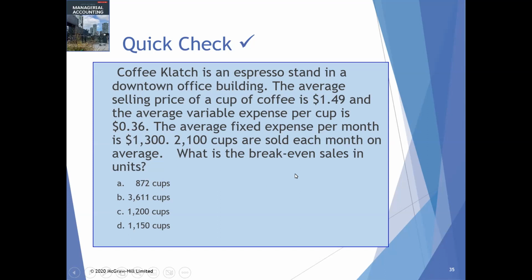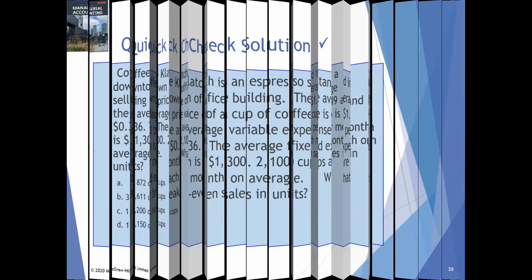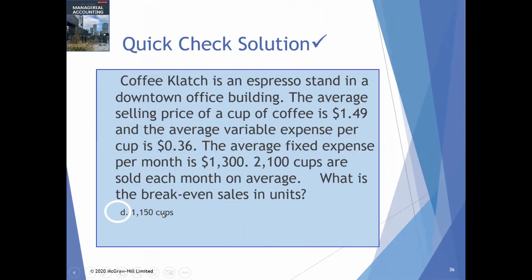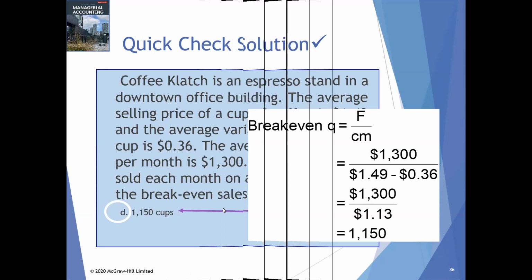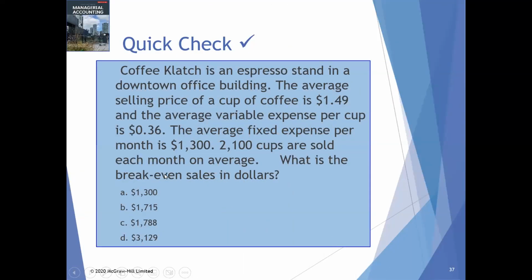I think we already completed this in the last video. That was the 1,150 cups that we sold, right? How to calculate this one? The fixed expenses divided by contribution margin. So that will be 1,150. This we have already done. Now the next question is asking what is the break-even sales in dollars, right?